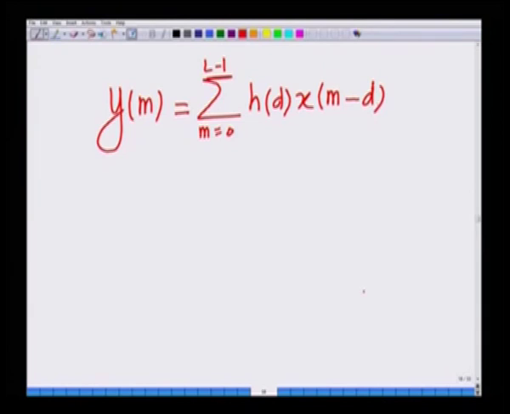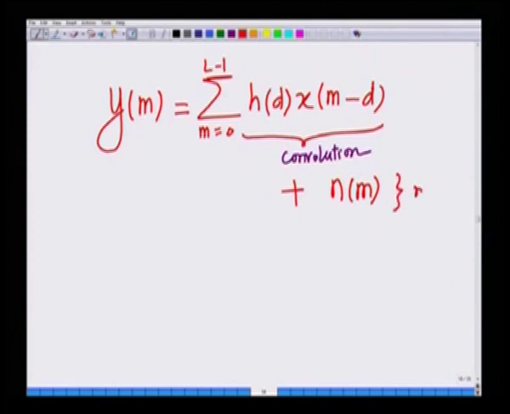Remember, this is nothing but a convolution operation, plus n of m, where this is the noise.